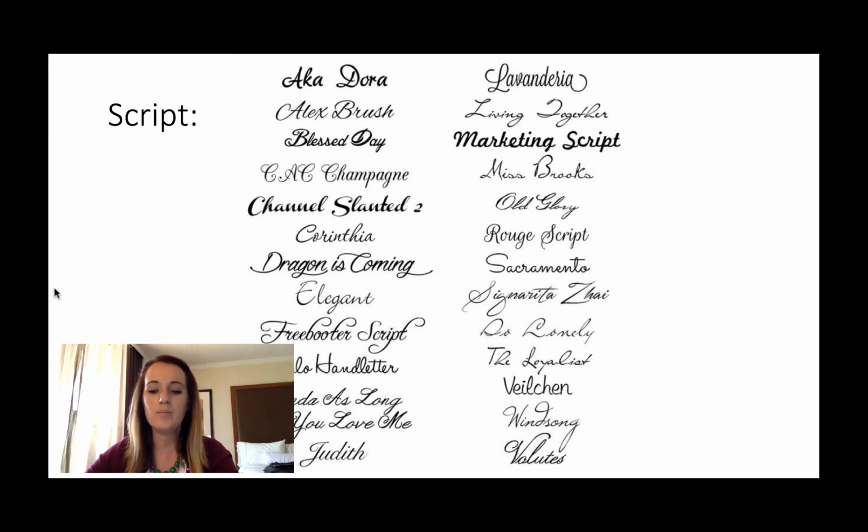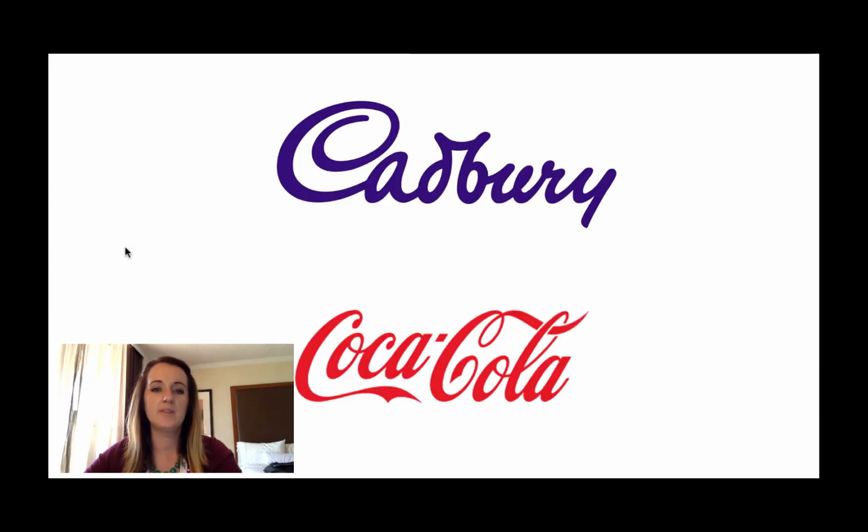Okay. So a script font, here we have two examples. We've got Cadbury, we've got Coca-Cola. Cadbury is kind of evoking the smoothness of Cadbury chocolate. It's creamy, it's relaxed, it's kind of feminine, and it's smooth. Coca-Cola, it's an old logo, but again, they're kind of referencing the rhythm, the flow that is the liquid of Coca-Cola.